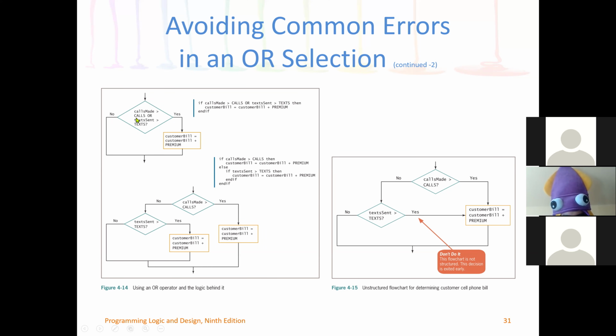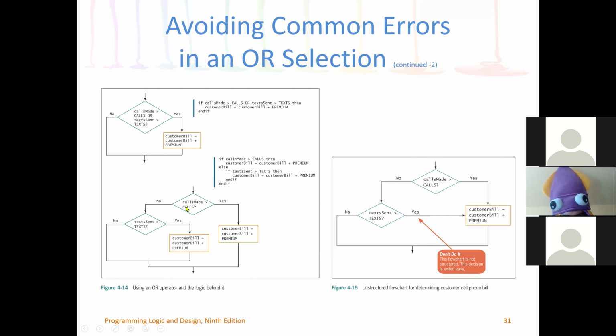So here we say that if the cost made is greater than cost or text sent is greater than text, then customer bill will be customer bill plus premium. The condition will be false only if both conditions combined with the OR are false, then we come out.